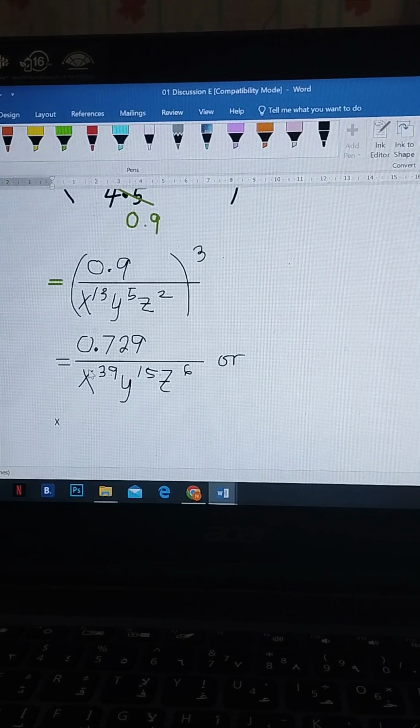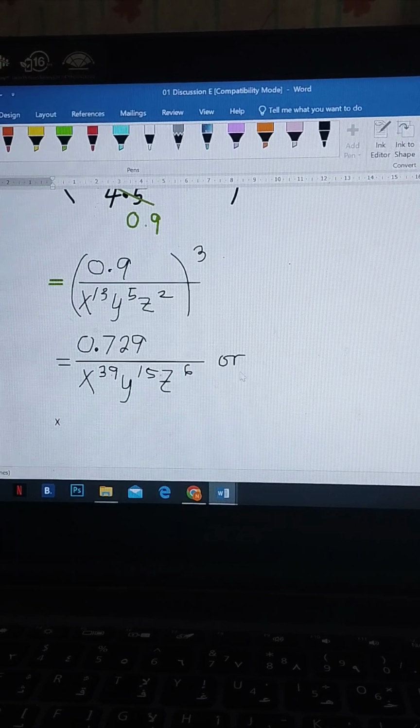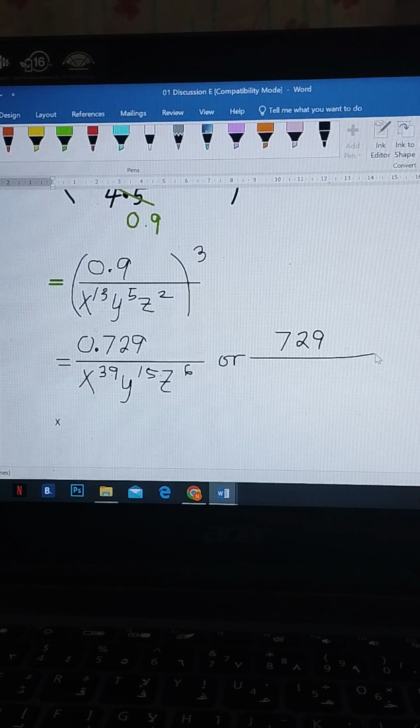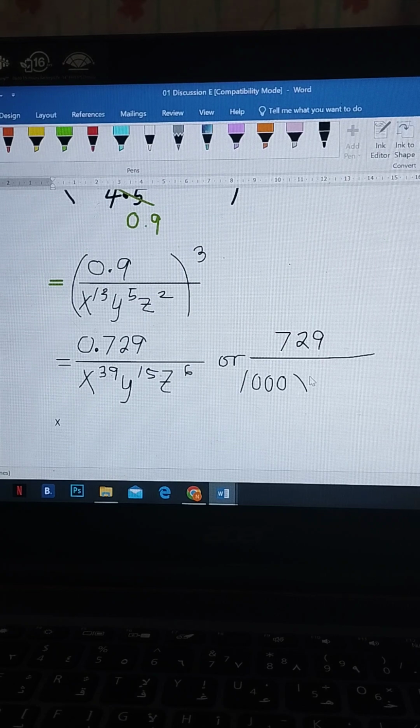That is equivalent to, in fraction, 729 over 1000. So 729 all over 1000 x raised to 39 y raised to 15 z raised to 6.